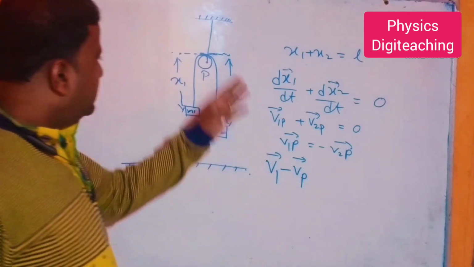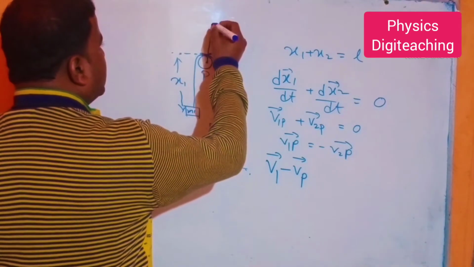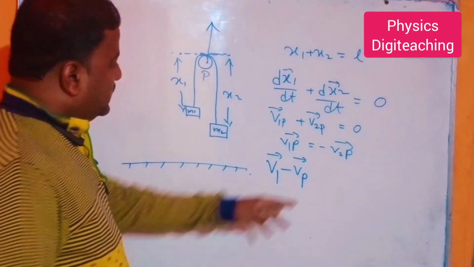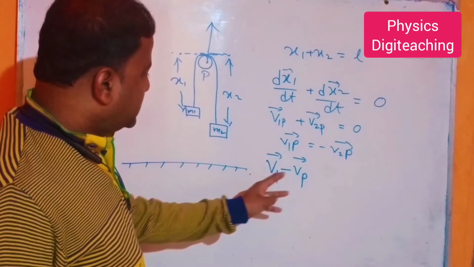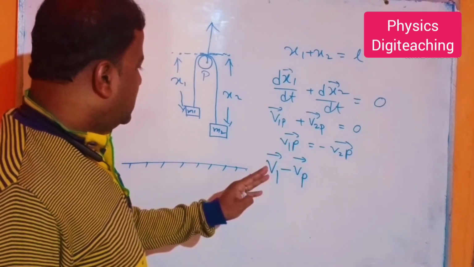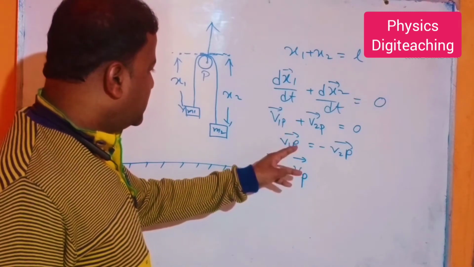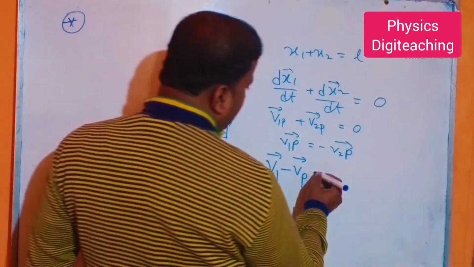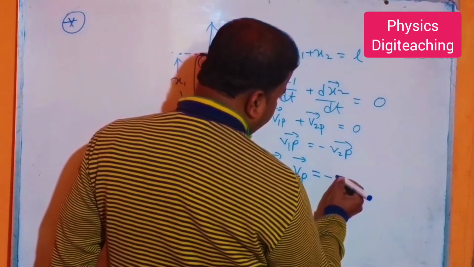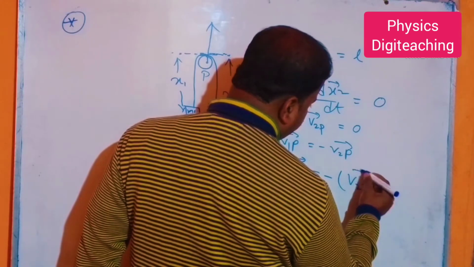If there is a velocity of the pulley, then we can set up v1P as v1 minus vp. v1 minus vp is the relative velocity of v1 with respect to pulley P. Similarly, we get v2 minus vp.